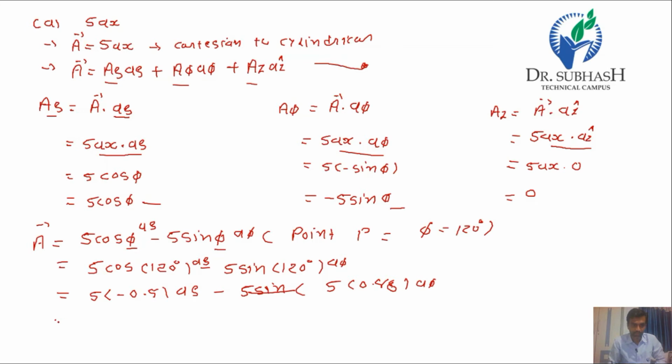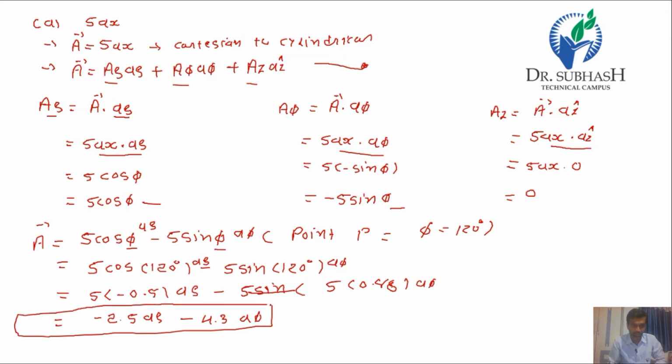So we get ρ into minus 0.5, which gives minus 2.5 in the ρ direction, minus ρ into 0.86, which gives minus 4.3 in the φ direction. So this is the vector A in the cylindrical coordinate system.